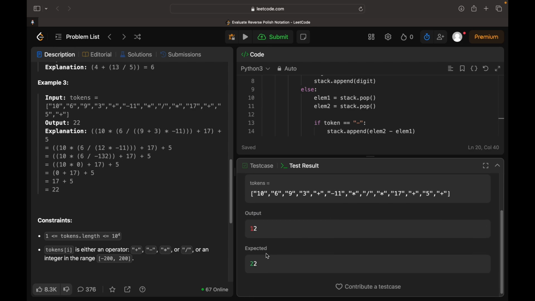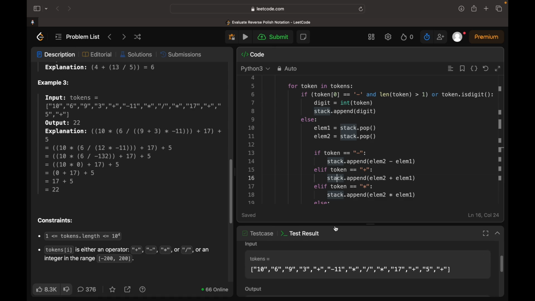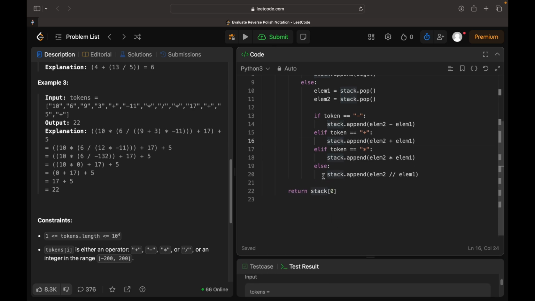The answer here is 22. And again, we run into an error, and that's because, again, related to this division. I told we need to do floor division, and floor division only works when we have just positive values. For example, if we have 13 divided by 5, it will work fine because it will round to 2.